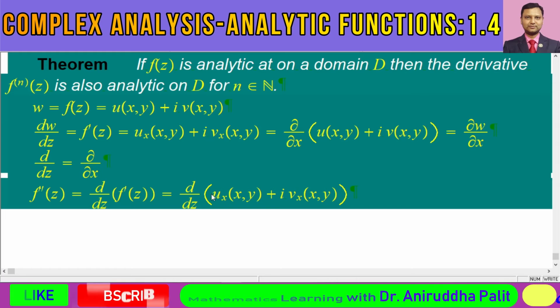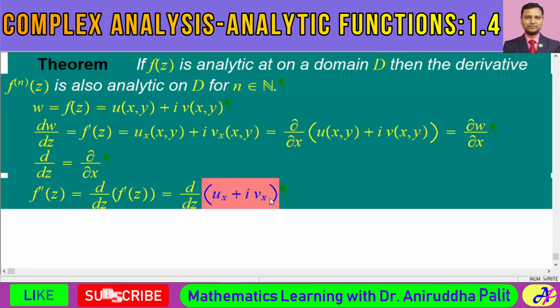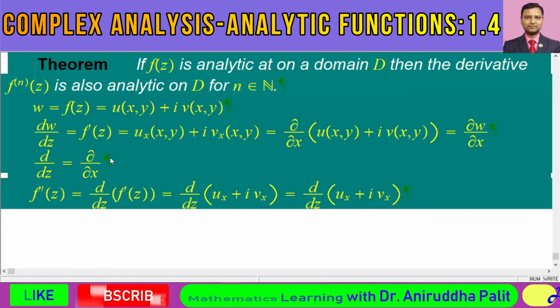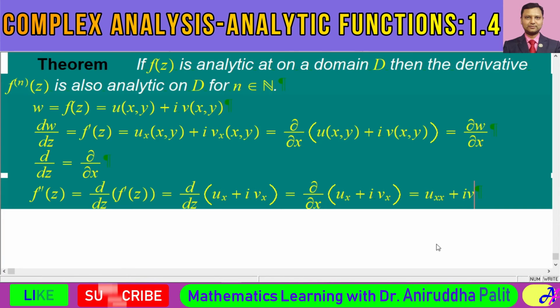I am not writing these expressions, as this makes it a bit simpler. Since d dz is equal to the partial derivative operator del x, the second order derivative would be equal to u xx plus i v xx.